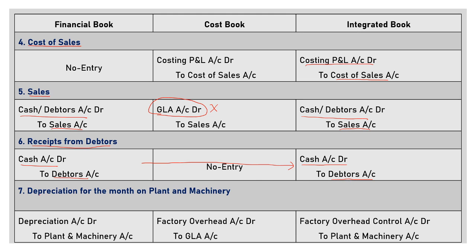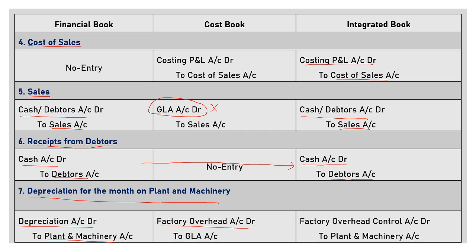Our last transaction is depreciation for the month on plant and machinery. Now depreciation is a loss and all losses are debited. So we debit the depreciation account, and due to depreciation the value of the machine is decreased, so we credit plant and machinery account. Because depreciation is an expense related to the factory, in cost books our entry is factory overhead control account is debited.